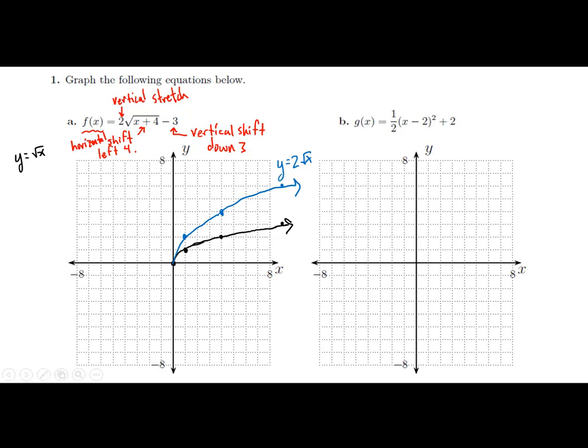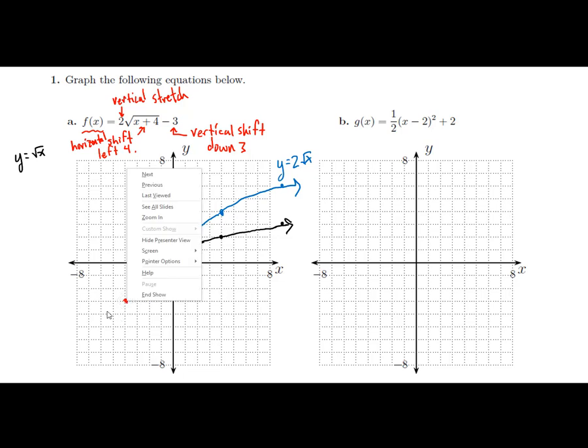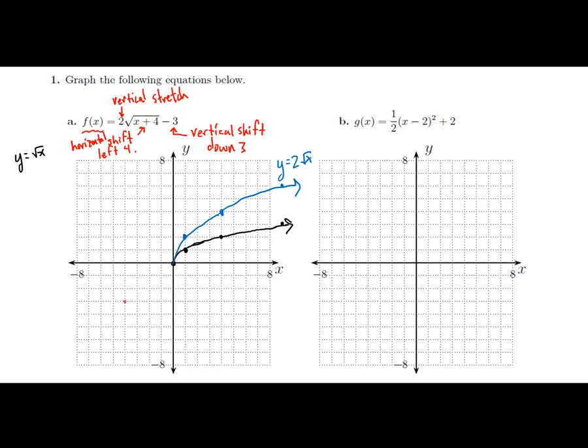And then with that knowledge secured, we can then talk about, okay, well, what does all this shifting do? Well, it shifts things down 3 and left 4. So this is my new starting point. This is where the origin went to. Okay, and then I make it behave like this blue function from here. So I would go over 1, up 2.